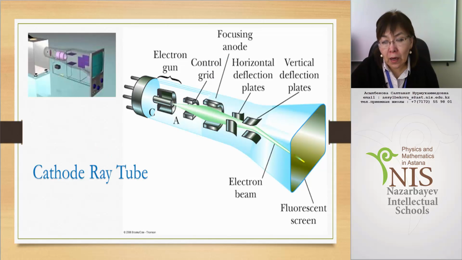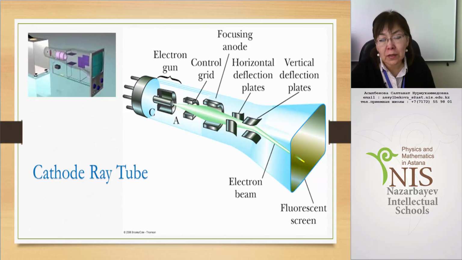I have mentioned today that the cathode ray tube is a part of the electronic device which lets us study electrical oscillation or any oscillation which is turned into an electrical one.